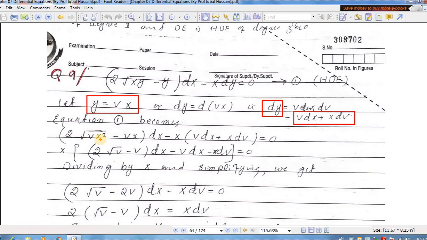Here we have x, v under root x square under root. Here we have x, which is common. Here vx, x is here, this x is here, and these are the remaining terms. Dividing both sides by x and simplifying, this is the value.